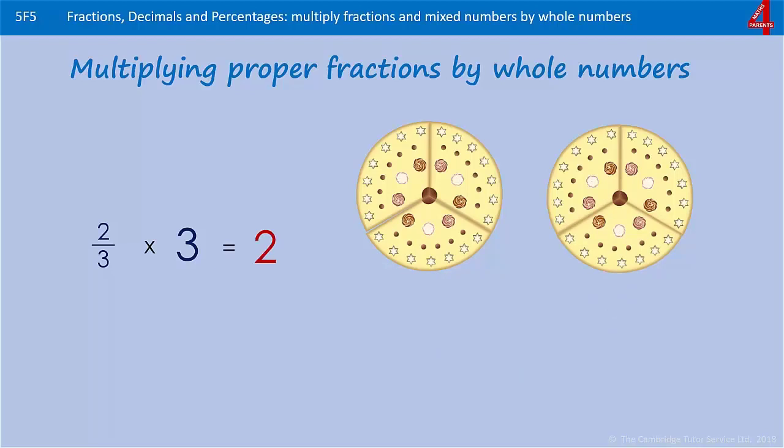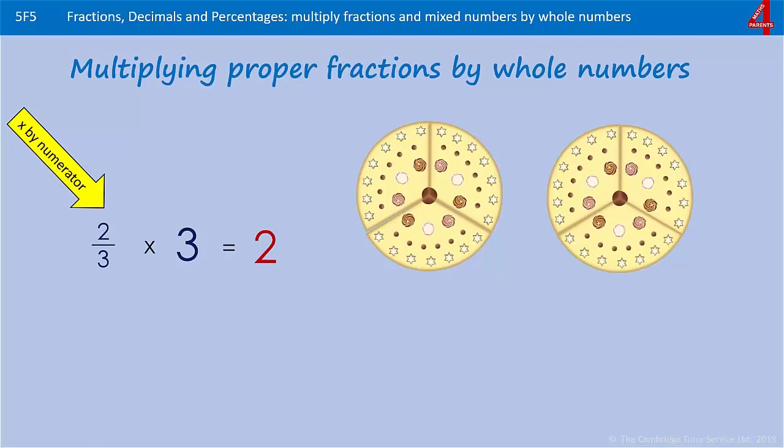What if you didn't have the cheesecakes or any other objects to move around to see what this looks like? How could you do this just using the numbers? There's a formula we follow for multiplying proper fractions and whole numbers. Starting with the numerator, the number at the top of the fraction, that's multiplied by the number you're multiplying the fraction by, which in this case is 3.